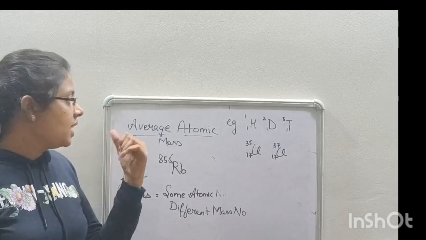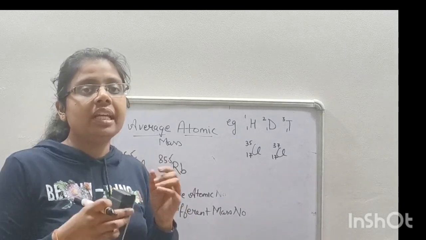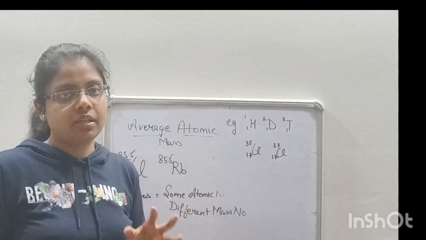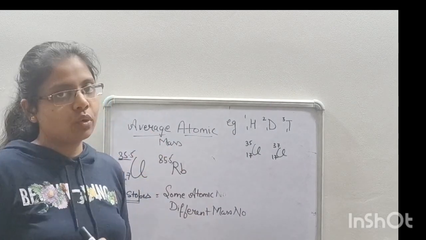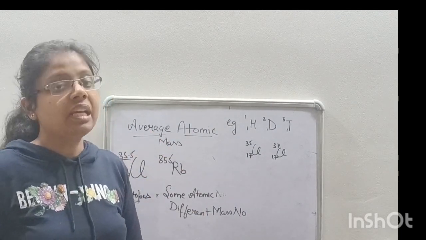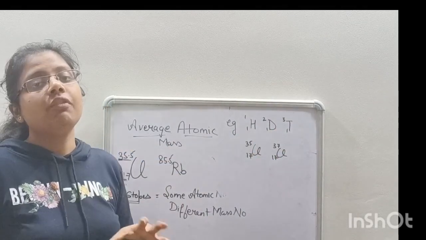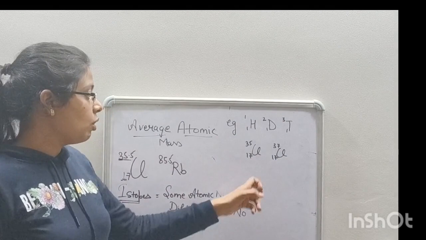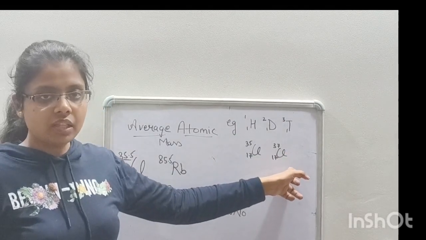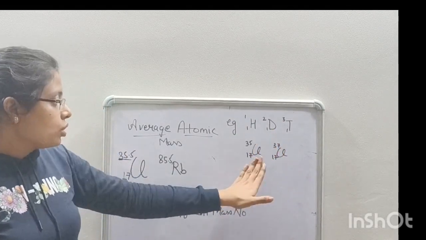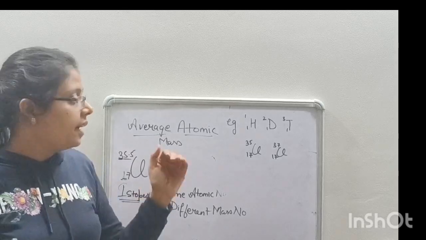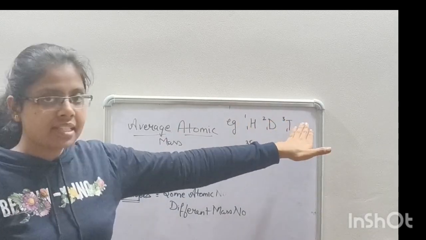Now, why is there a need for average atomic mass? In nature, all these isotopes exist. If we talk about hydrogen, then in nature the hydrogen will exist in the form of this as well as this. Similarly, for chlorine, it exists in the form of this as well as this. So we have to consider an average of the masses they have.